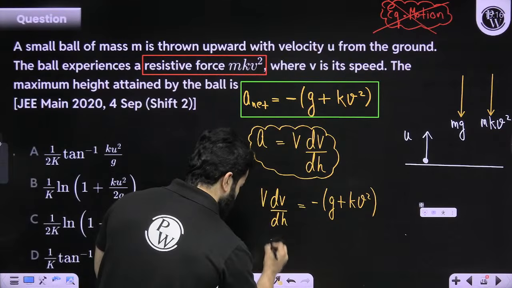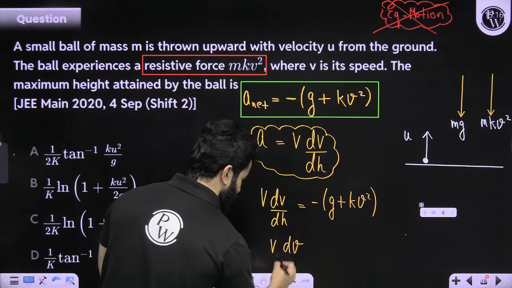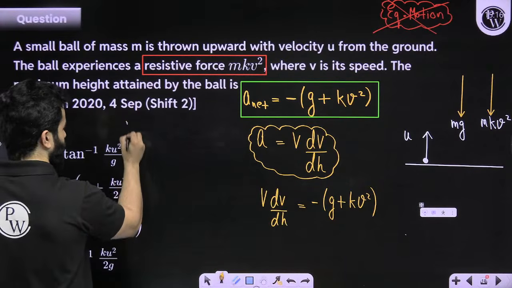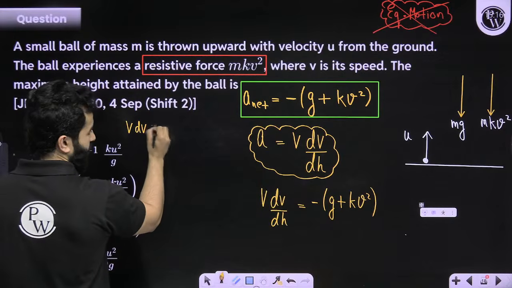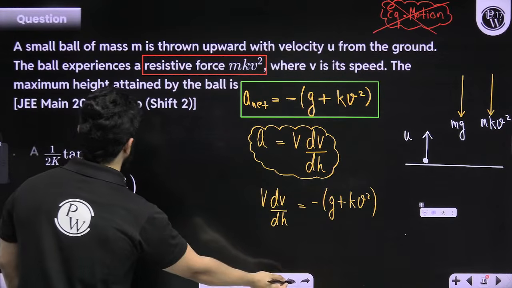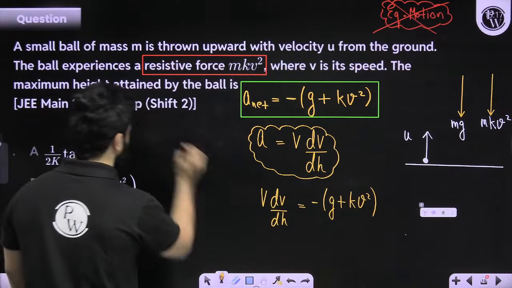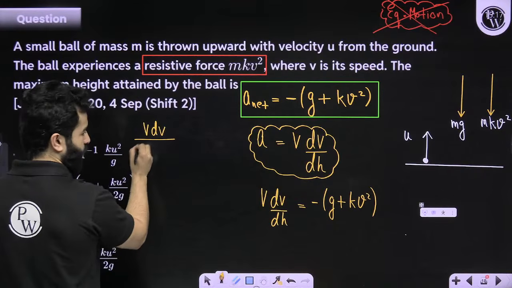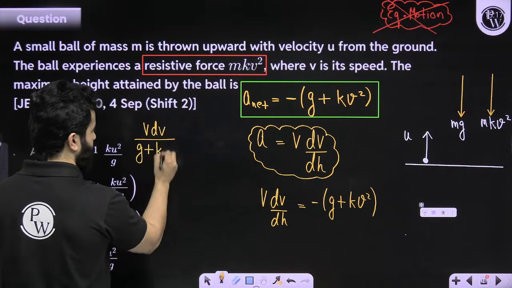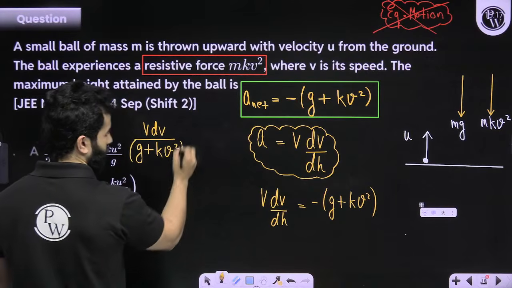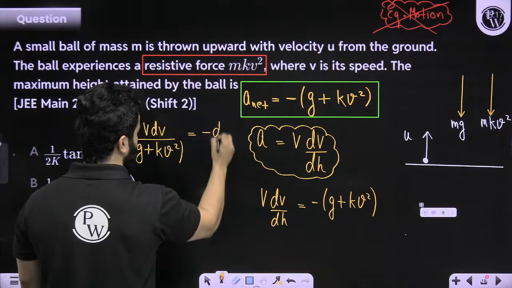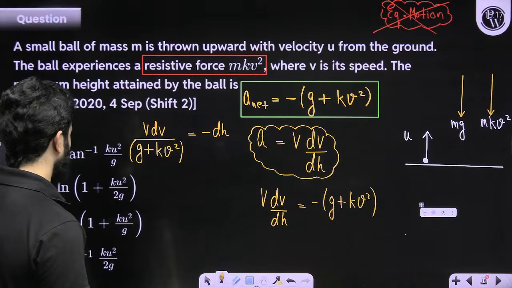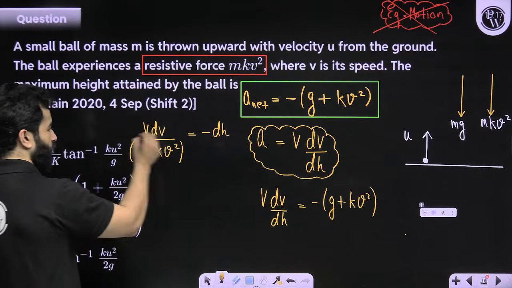That means I am going to write v dv divided by g plus k v square equals minus dh. We are going to write something like this. And after this, we are going to integrate it.